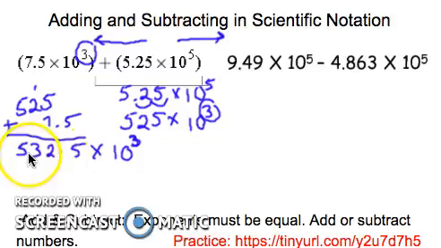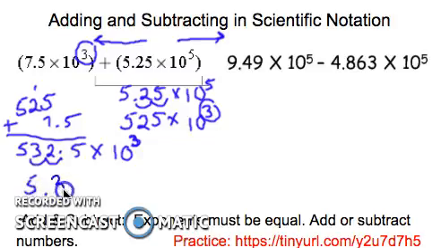is one number to the left of the decimal point. So whenever we move the decimal point over, we are going to the left. And when you go to the left, that makes the number bigger. So we are going 1, 2 places. So we're going to have 5 point something.